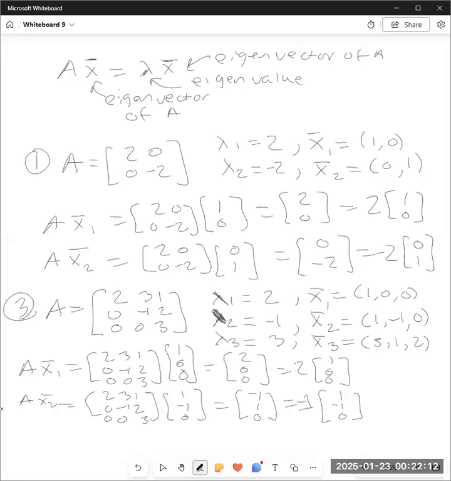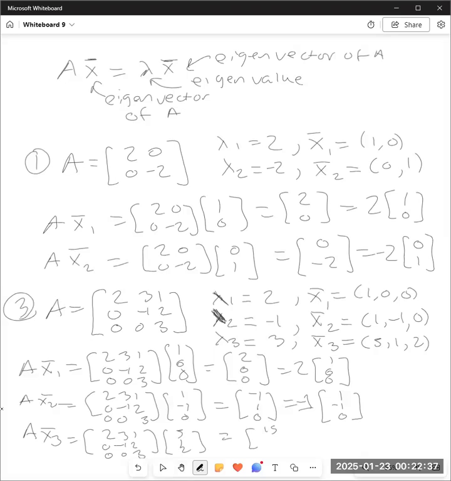So A x3 is 2, 3, 1, 0, -1, 2, 0, 0, 3 times 5, 1, 2. So 10 and 3 is 13, and 2 is 15.